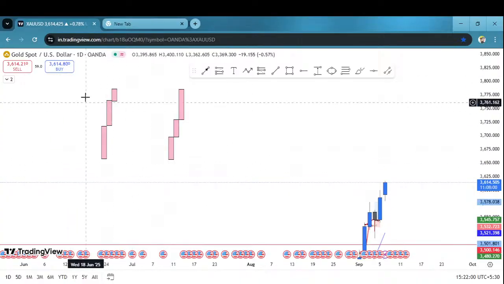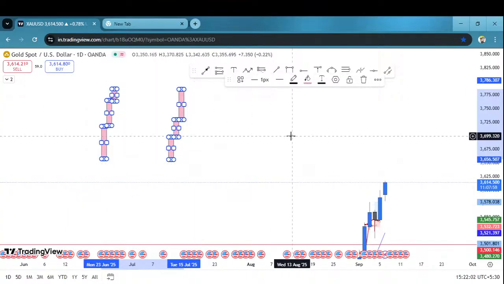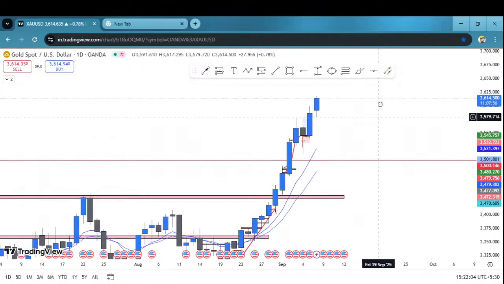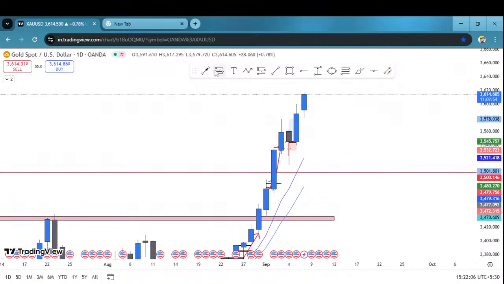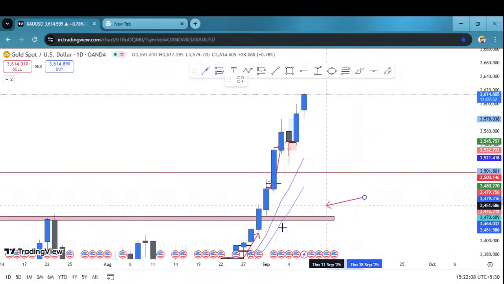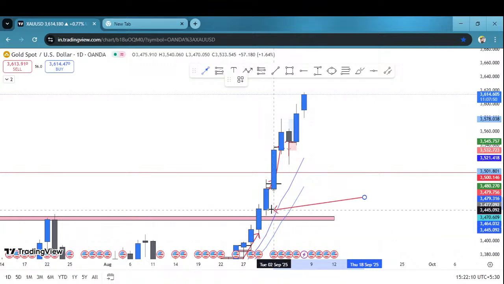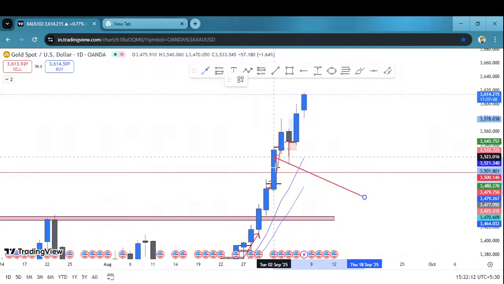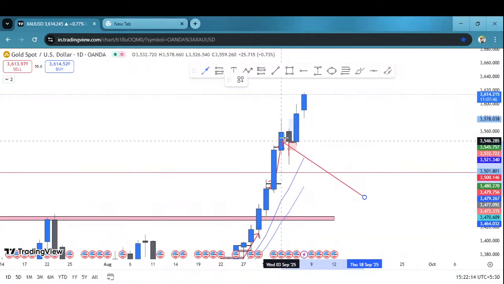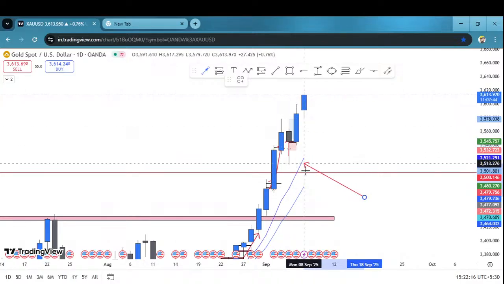Let me delete this. Because if you see here, the candles were printing in the buy direction with a bigger volume, and I was waiting for a retracement.